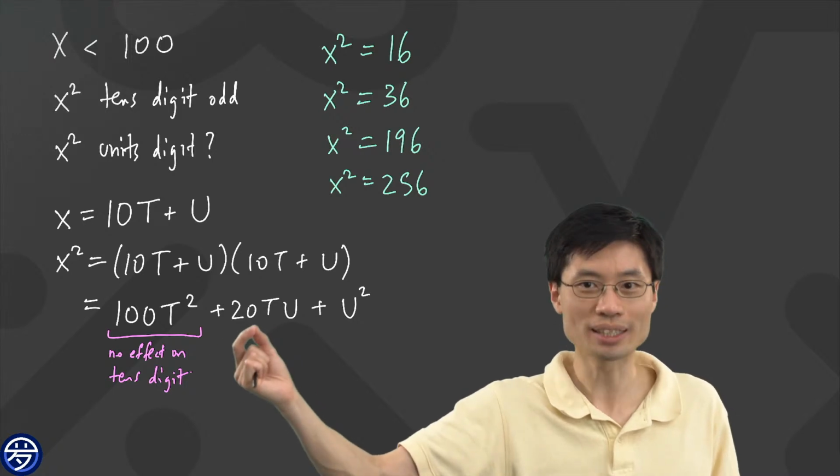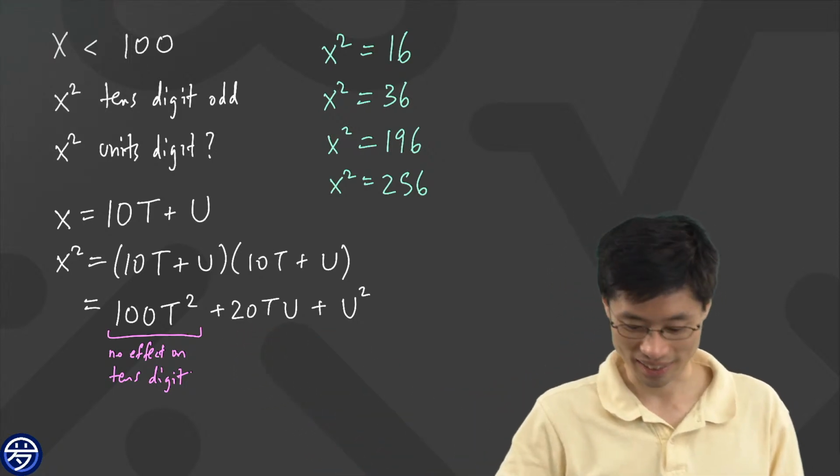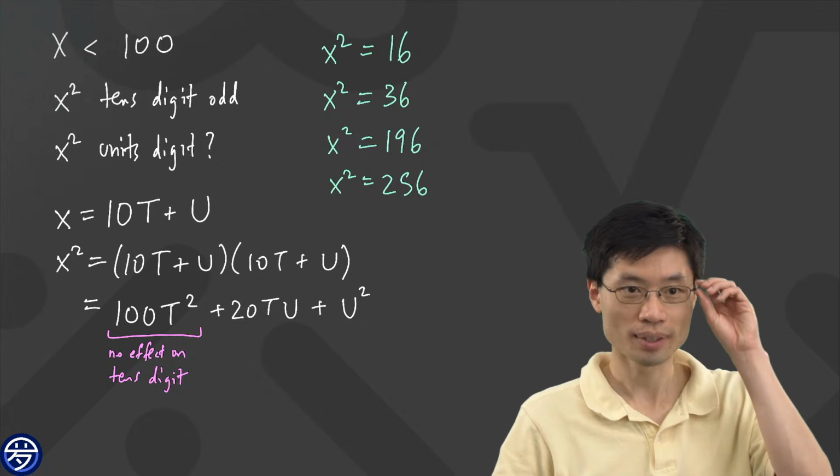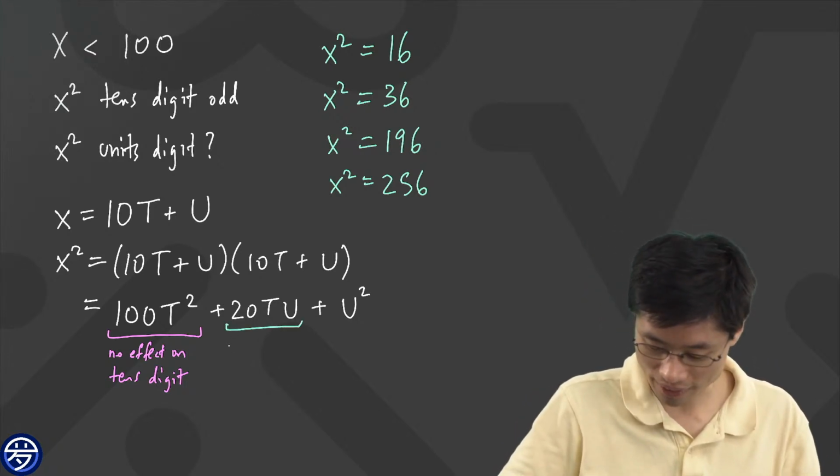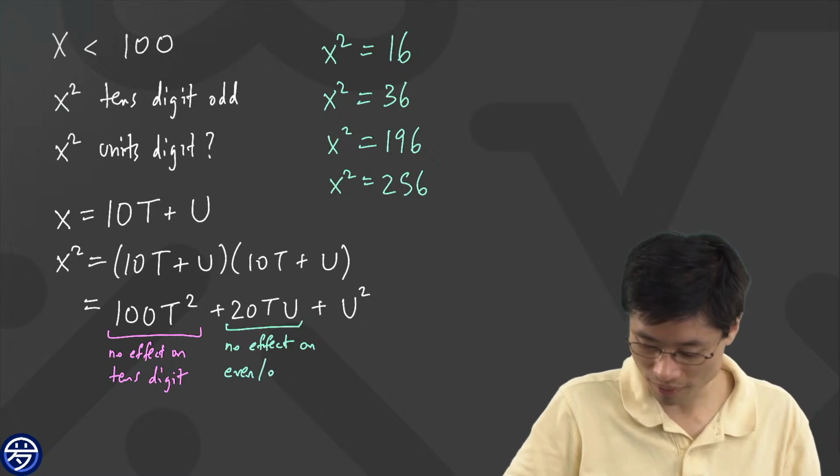Okay? So over here, this thing here has no effect on the parity. Let's call it the even or odd, even-oddness of the tens digit.